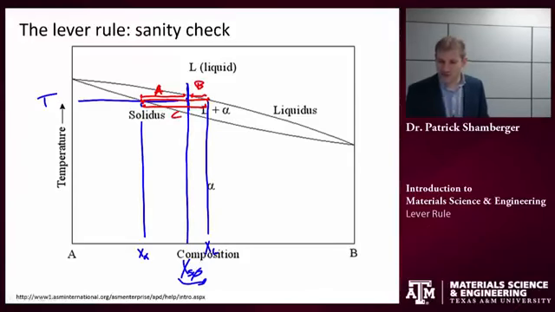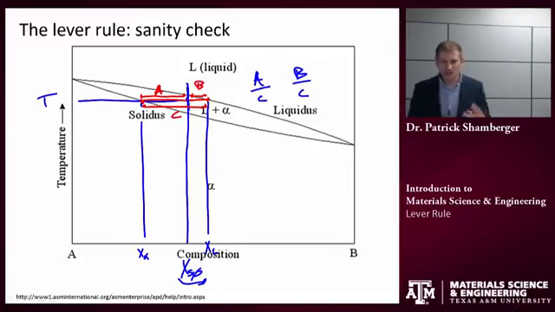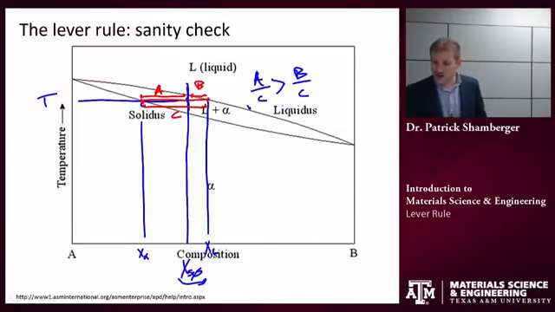So when we look at our different lengths involved in the lever rule, I drew this intentionally so that A is significantly longer than B. And remember, the fractions are either A over C or B over C. The most common mistake that students make is mixing up which one of those refers to how much liquid is present and which one refers to how much solid is present. But remember what I just said. I know that there's more liquid present in this case. And so A over C, you can tell just by looking, is going to be larger than B over C. And so A over C refers to the liquid.